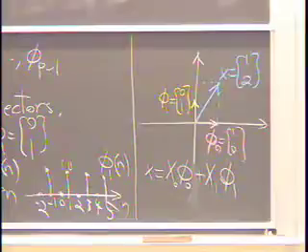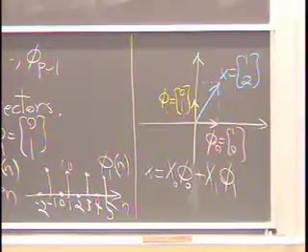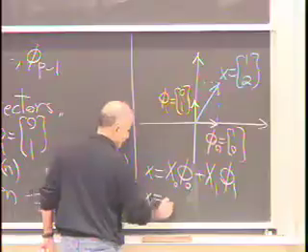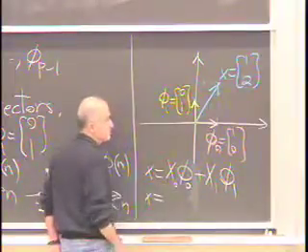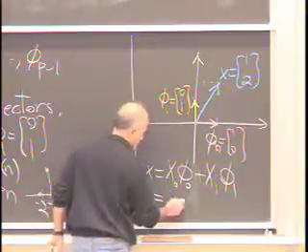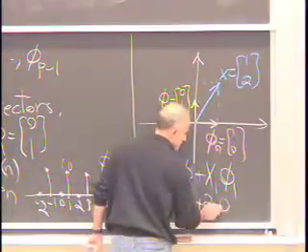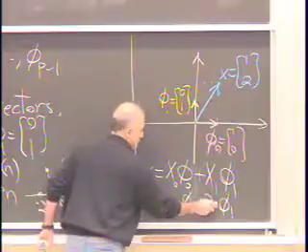Now, when the vectors phi0 and phi1 are of the form that I've shown, you can eyeball it. You can immediately tell me what those coefficients are. What are they? How much of phi0 do I need? 1 times phi0. How much of phi1? 2. 2 times phi1. Okay?